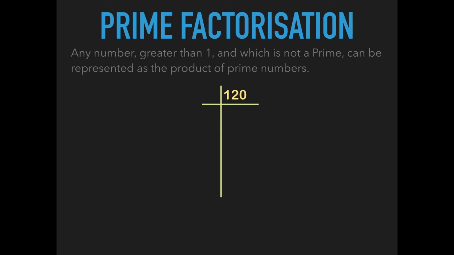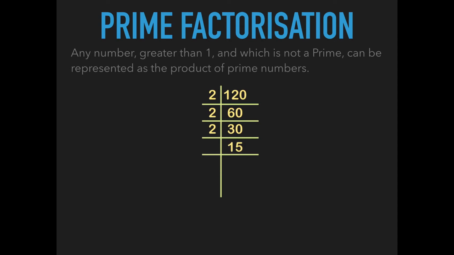So smallest prime number is 2, and when we divide 120 by 2, we get 60. Now further 60 can also be divided by 2 and it will give 30. Still 30 is an even number, so can be divided by 2 to give 15.